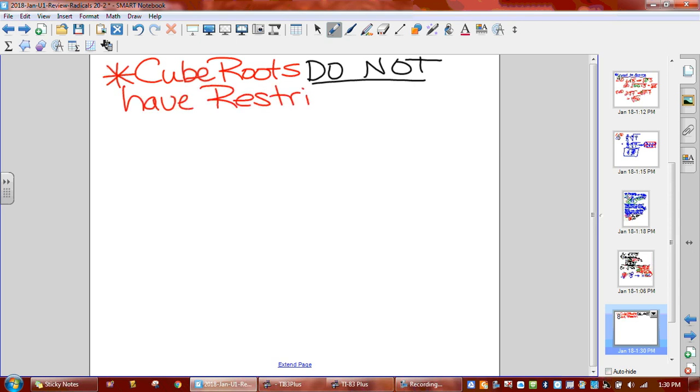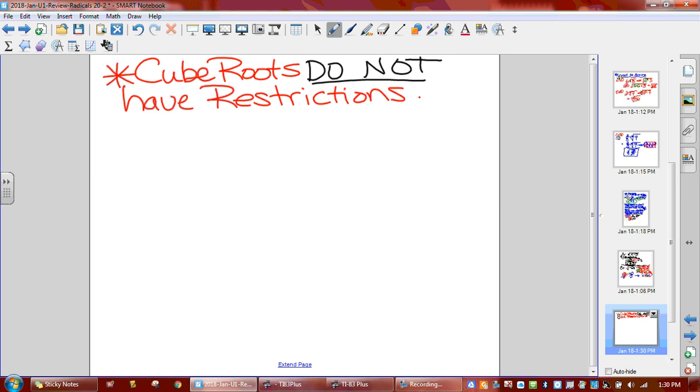And we are allowed to have negatives under cube root signs. Okay? Because it's all about the number of factors. With a square root sign, there's 2 factors that have to be identical. Well, there's no way you're going to get 2 factors identical to give you a negative answer. 2 identical positives give you a positive. 2 identical negatives give you a positive. So if they're opposite signs, that's when you get a negative answer. Okay?